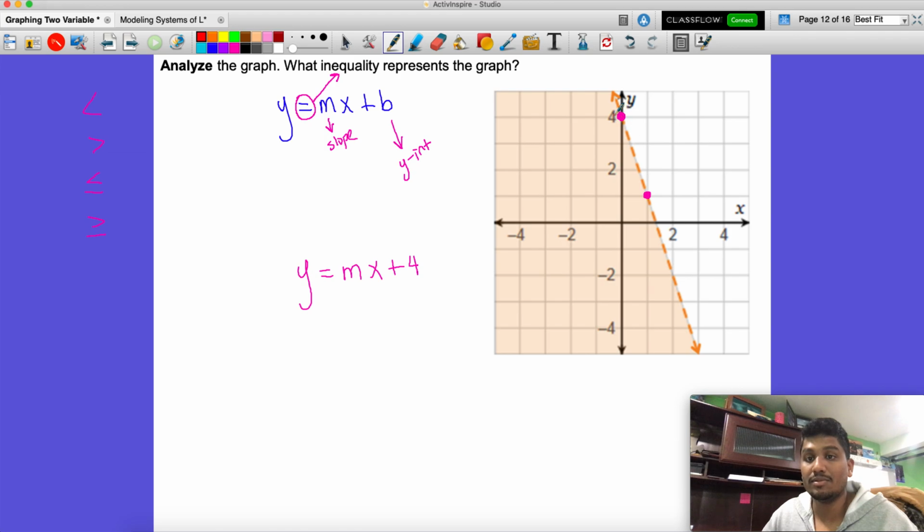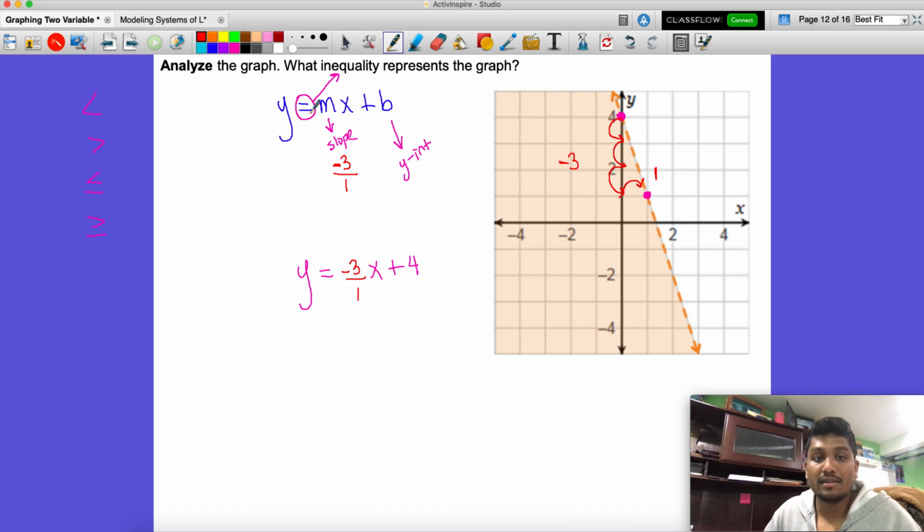This is the leftmost side, and we're going to fall 1, 2, 3. So we fell 3. That's a negative because we're falling, and we go to the right 1. So our slope is going to be down 3, right 1. We can write this as negative 3 over 1.